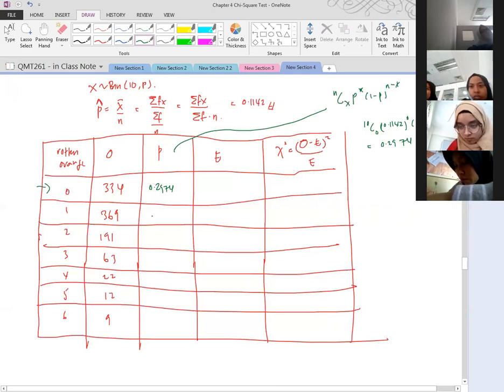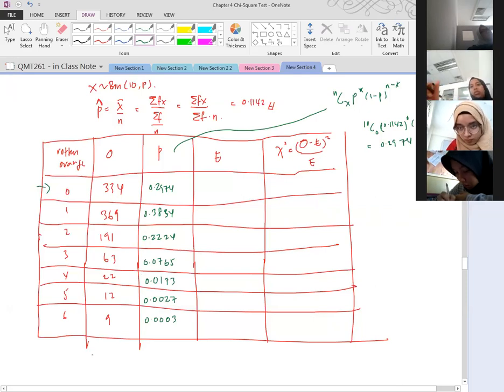So the next ones are 0.3834, 0.2224, 0.0765, 0.0173, 0.0027, and the last one is 0.0003. Right.